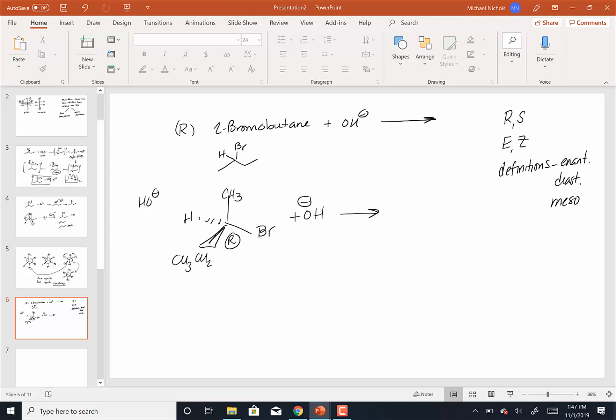What else did we talk about with enantiomers and diastereomers? We talked about what's the only physical property difference of enantiomers? Right, the polarized light. So they either rotate positively or negatively, plane polarized light. That's what's different. They rotate in opposite directions. What's a physical property difference between diastereomers?